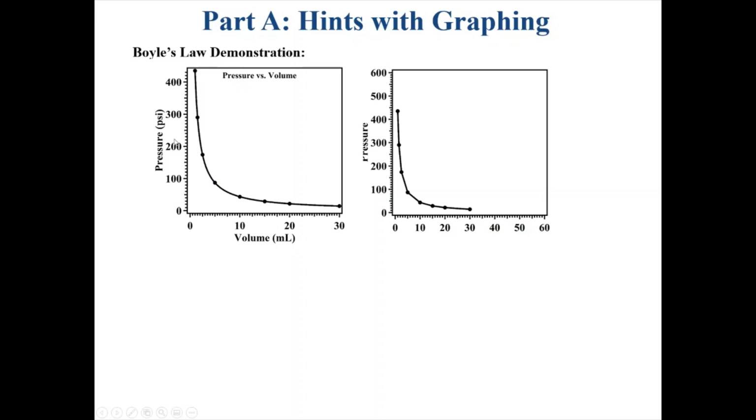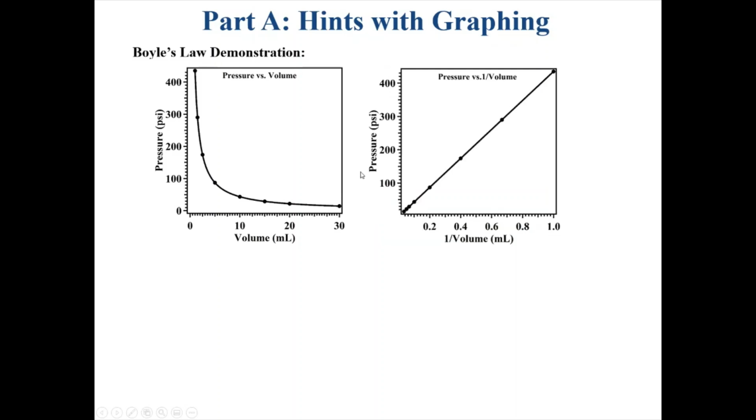It has a pressure with a unit like psi, and it has a volume with a unit like milliliters. This graph is missing that volume label and unit, and this axis is missing the unit psi. So you're going to want to have both labels and units for each axis. Also, you'll notice that this graph has a title, which is something that you're going to want.